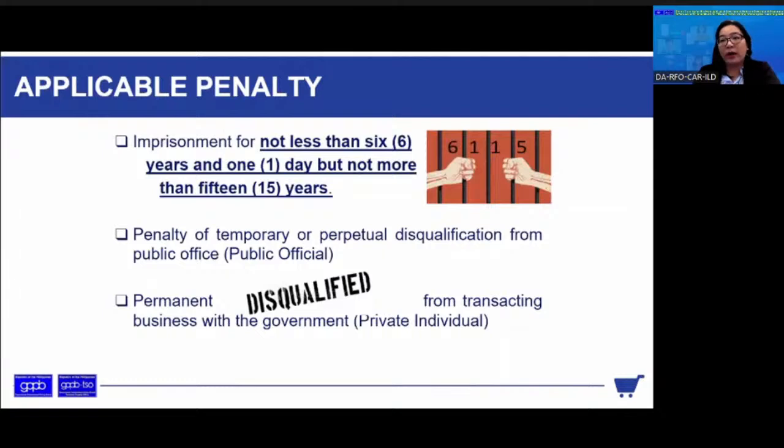Buti kung temporary lang, ano, perpetual meaning life, no? And when you're young and you get this punishment, naku, where will your career be, no? And for private individuals, they will be permanently disqualified from transacting business with the government.